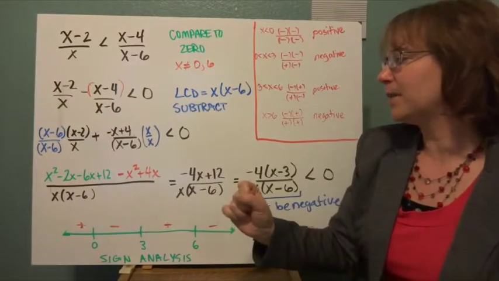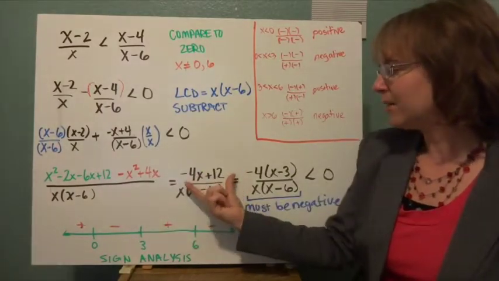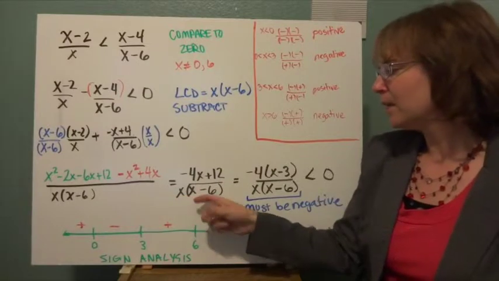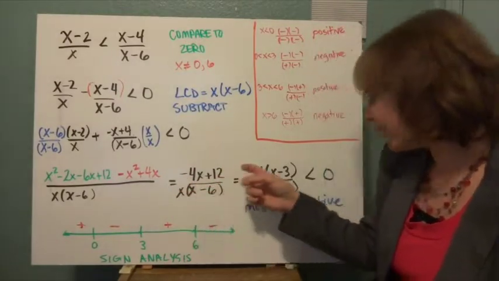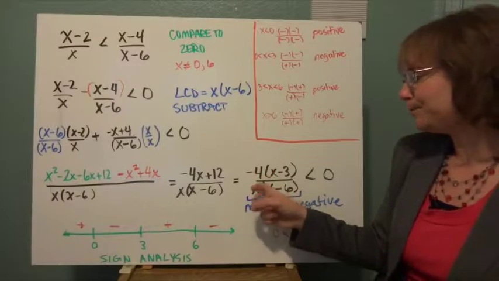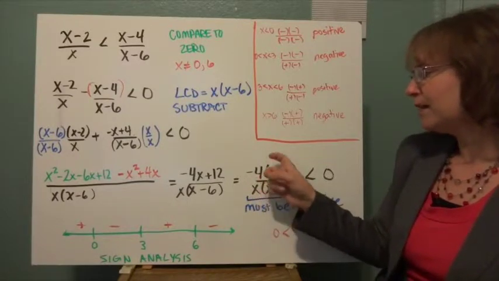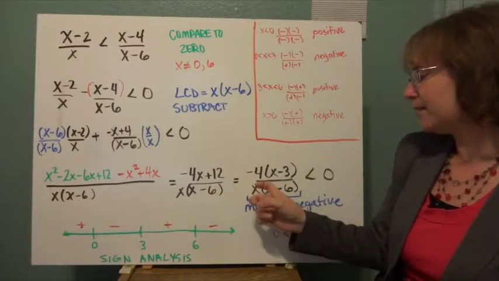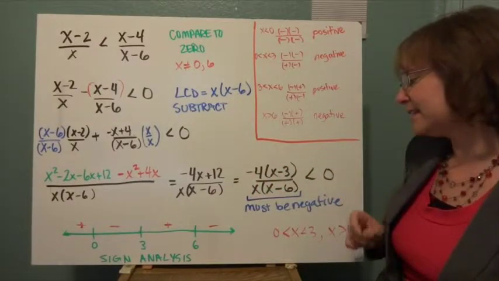We have a positive x squared and a negative x squared, that gives me a 0. And I have negative 4x plus 12 over this. Well, this will simplify even more, factoring out a negative 4. So negative 4 times x minus 3, because when I distribute that, I have to get back to that positive 12, and that has to be less than 0.